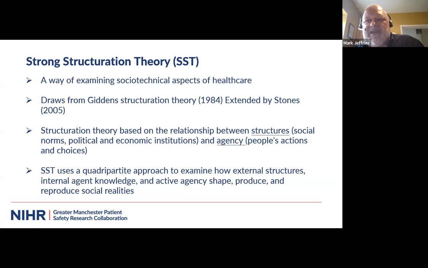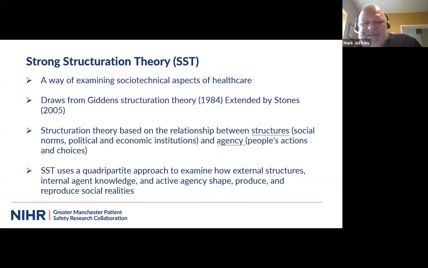Again, this is a way of examining the socio-technical aspects of healthcare. It draws from Giddens, which is some pretty heavy theory, actually. I wouldn't recommend going to read him in the original, but he's not quite as bad as some theoreticians.